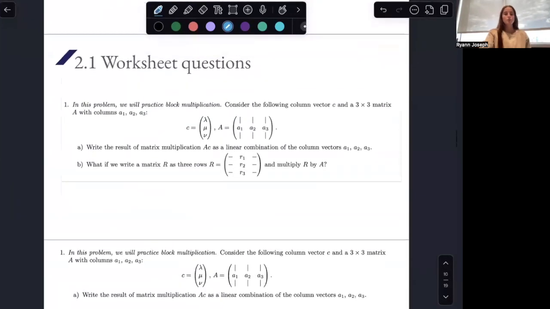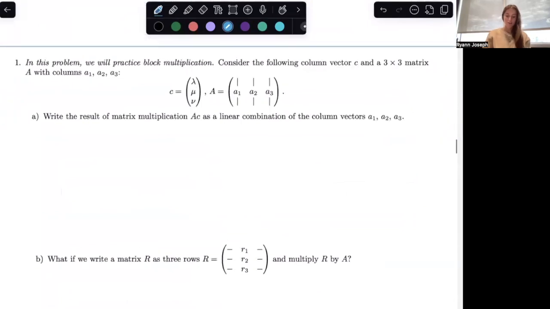Okay, so in this problem, we're just practicing multiplication. So part A is, we have this matrix A, a 3x3 matrix A with columns A1, A2, A3, and then we have a column vector C where we have lambda, mu, and I always forget what that one's called, nu.